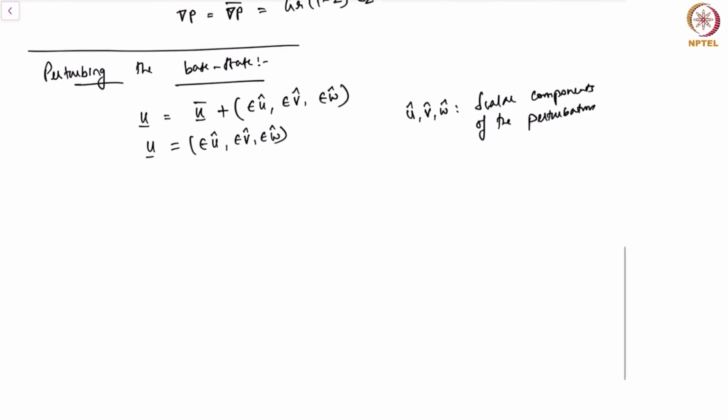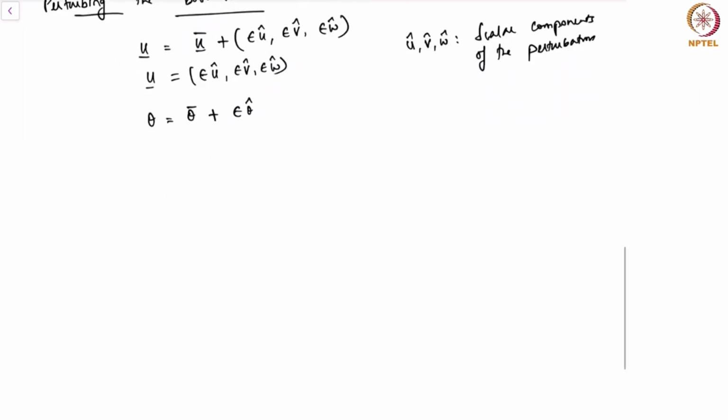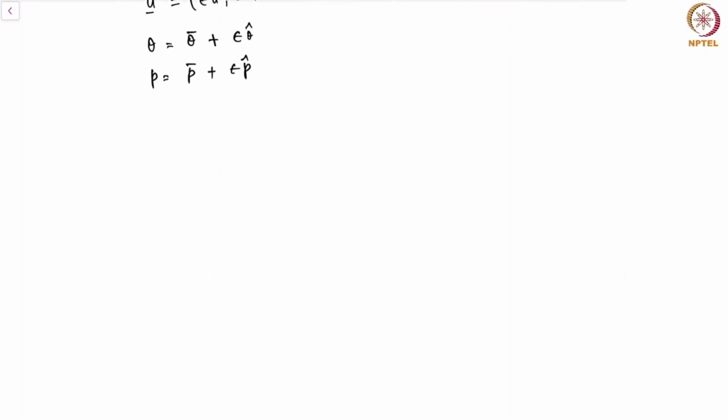Similarly, I can do the same thing for other quantities such as theta: theta will be a theta mean plus an epsilon theta fluctuation, and the pressure will be a pressure mean plus an epsilon times pressure fluctuation. So let's now derive the linearized equations.